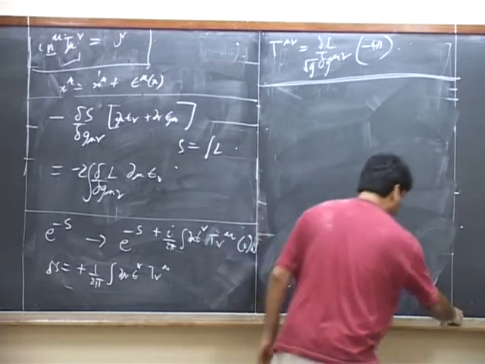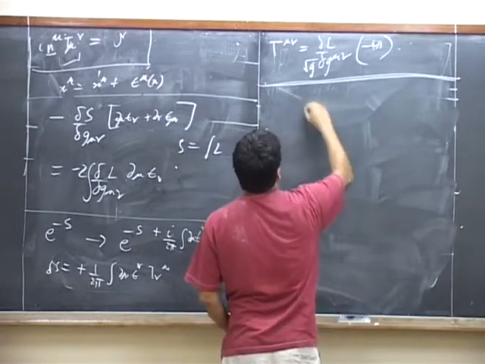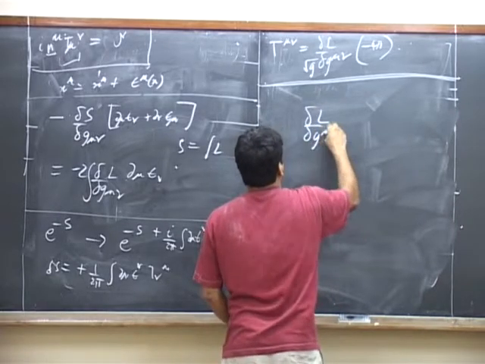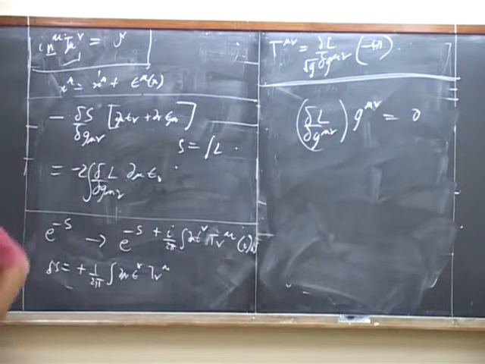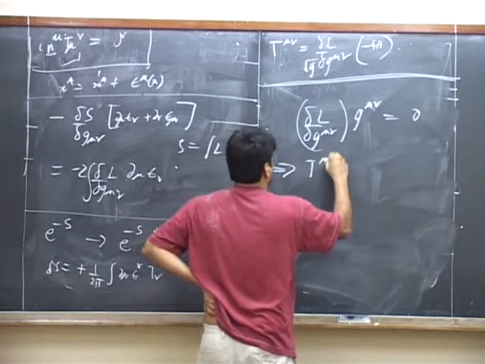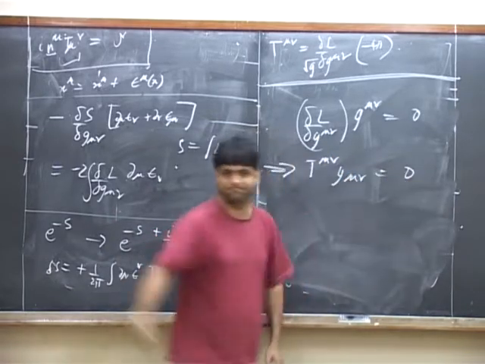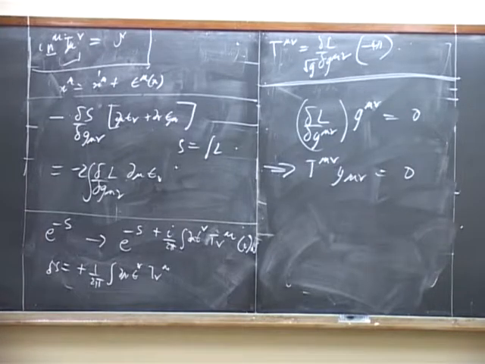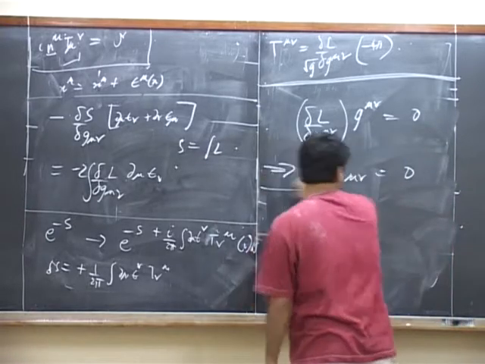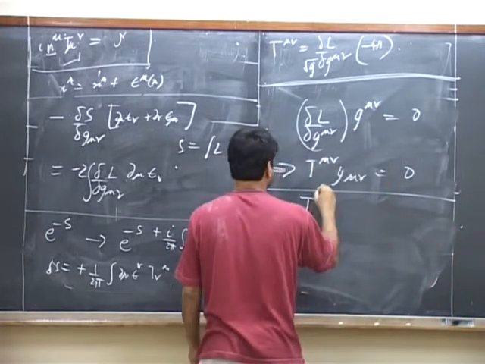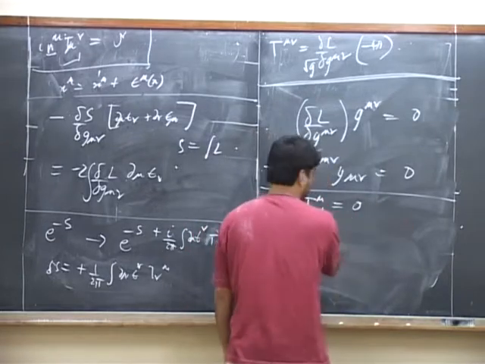So, what we conclude is that del L by del g mu nu times g mu nu is equal to 0. And therefore, T mu nu times g mu nu is equal to 0. So we conclude that in a conformal field theory, the stress tensor in particular satisfies T mu mu equal to 0.